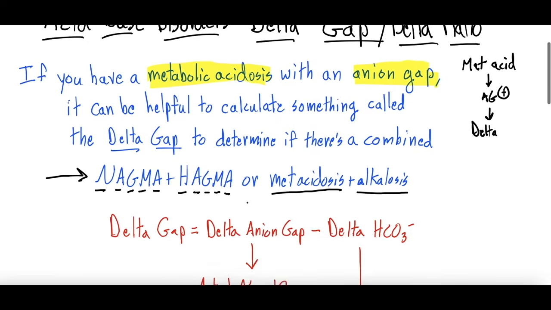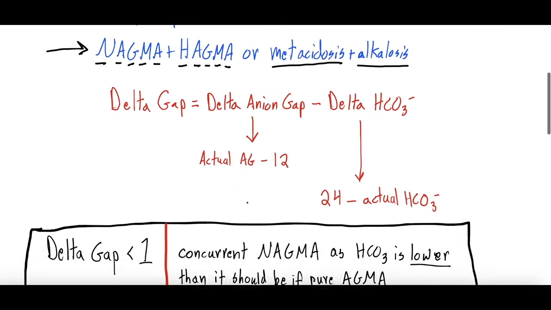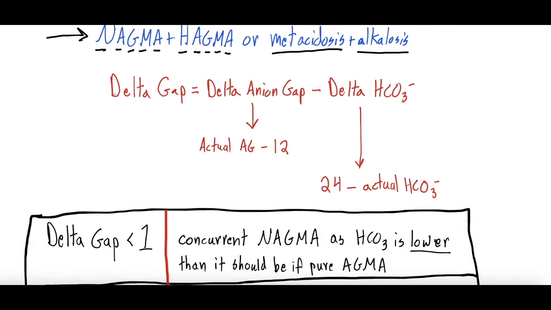So the equation for the delta gap, the first way we're going to look at this, is the delta gap equals the delta anion gap minus the delta bicarbonate gap. And what this equates to is the actual anion gap, so this is what the anion gap is for that patient, minus 12, because this is the normal anion gap.